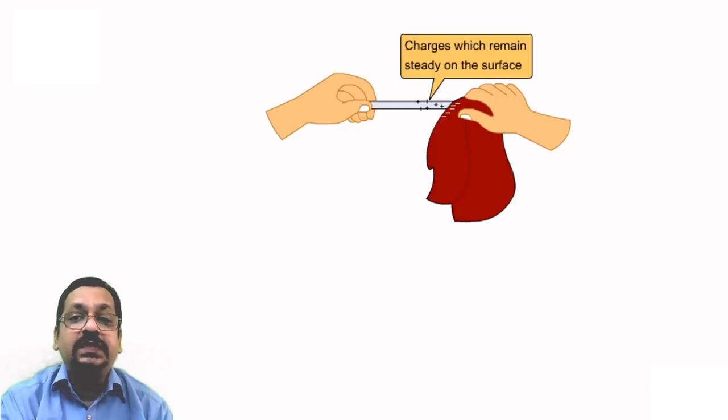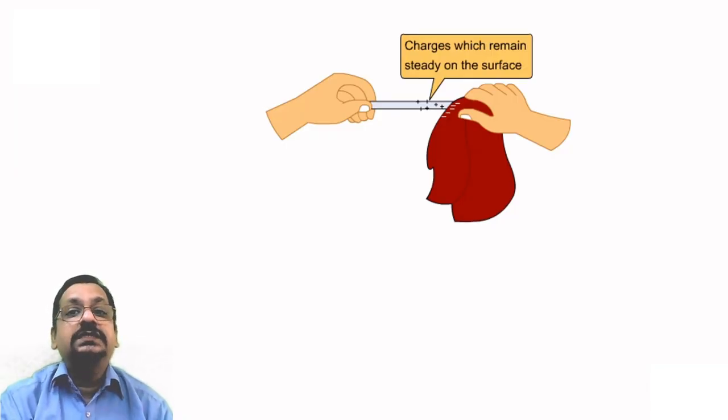They remain steady on the surface of the object. That is the property, and that is why we call it static electricity. Static means something which is at rest, which is not moving. So what have we seen? We have seen there are two types of charges. One is positive and the other one is negative.